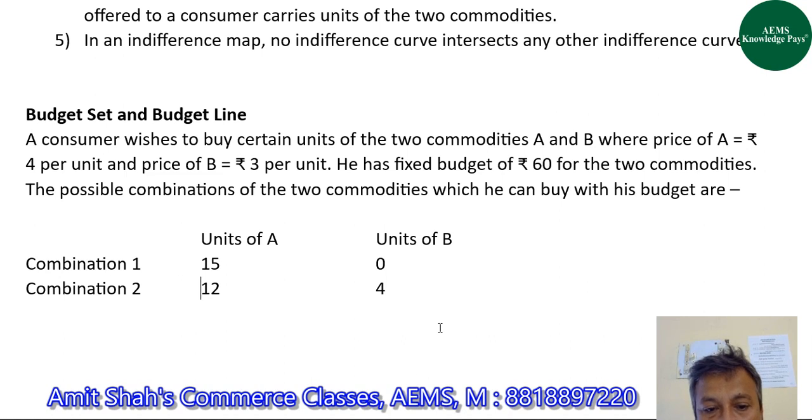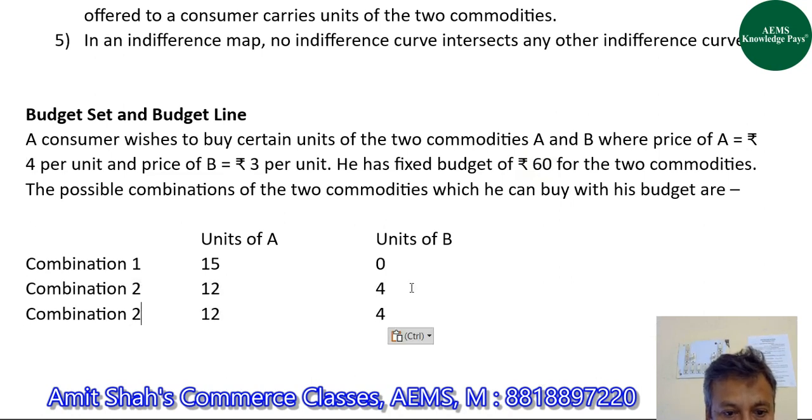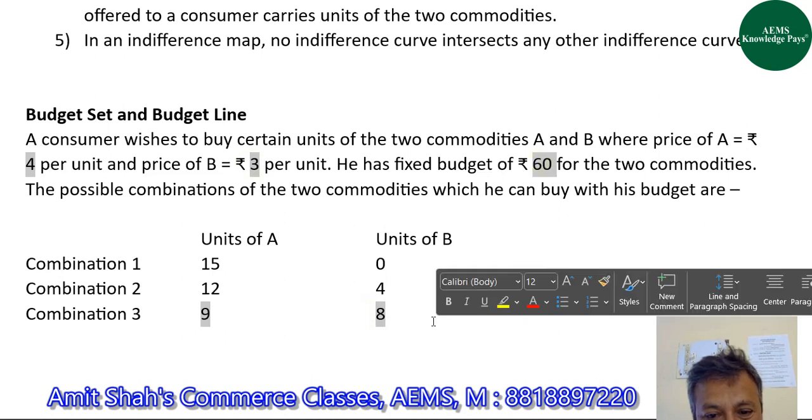Combination 2, 12 units of commodity A. So 12 into 4 is 48 and 4 into 3 is 12. 48 plus 12 is 60. This is combination 3, that is 9 and 8 units. So 9 into 4 is 36 and 8 into 3 is 24. 36 plus 24 is 60.